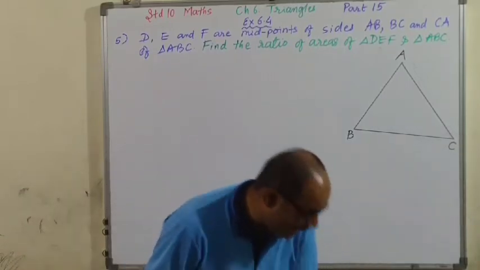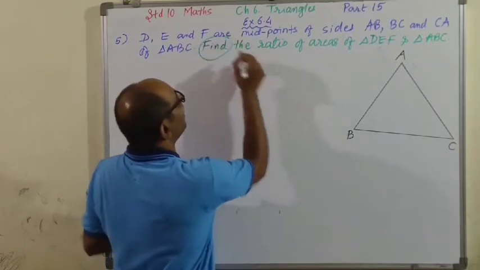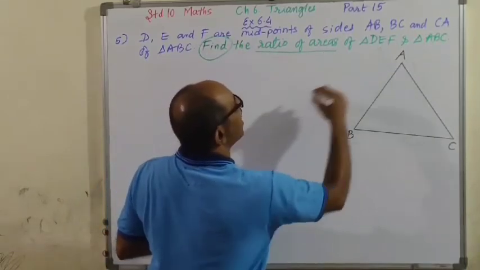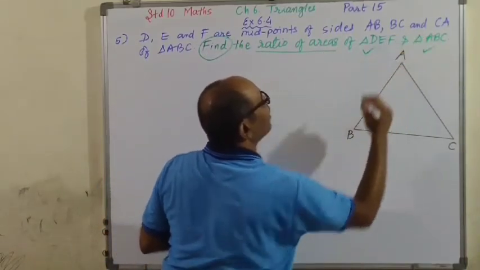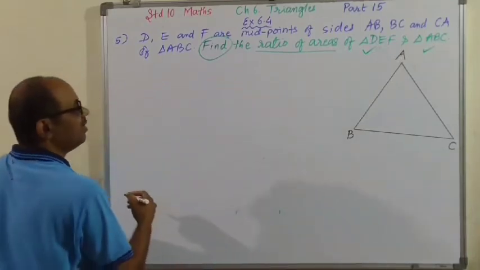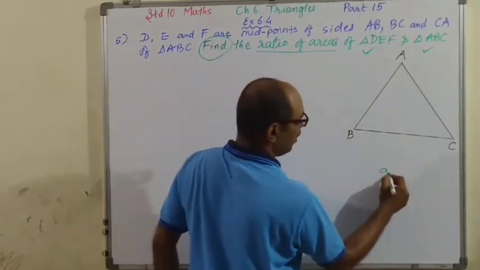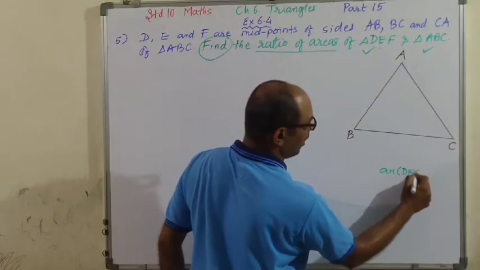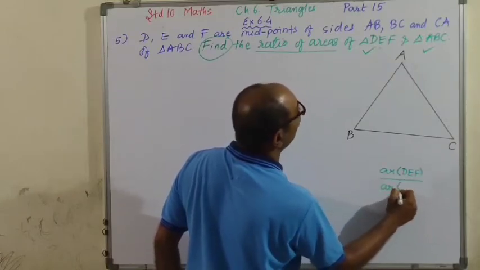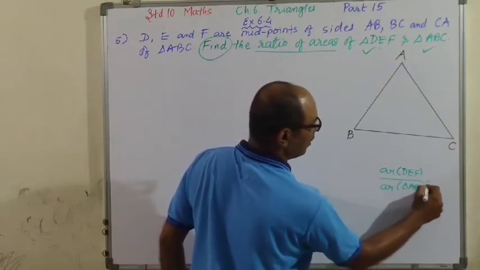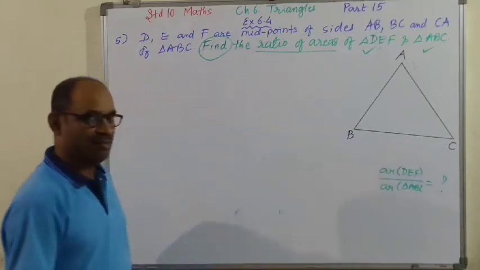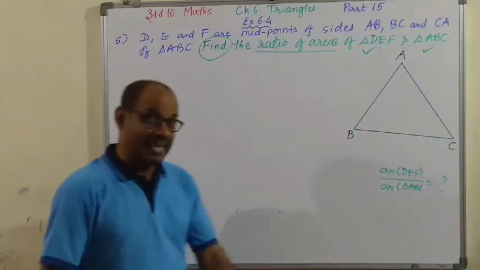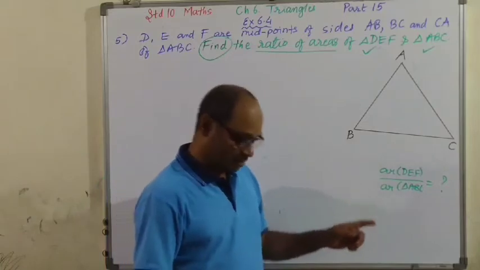Here we have to find the ratio of areas of triangle DEF and triangle ABC. This is the goal: area of triangle DEF upon area of triangle ABC, how much is that ratio? So once again, the same concept.